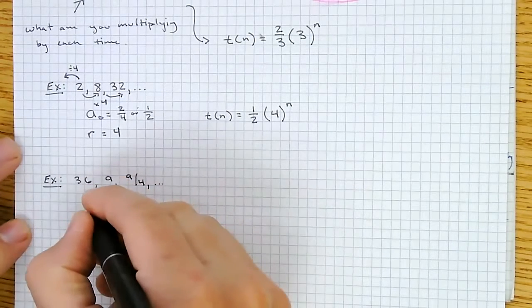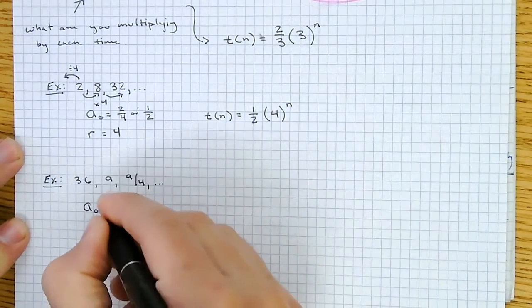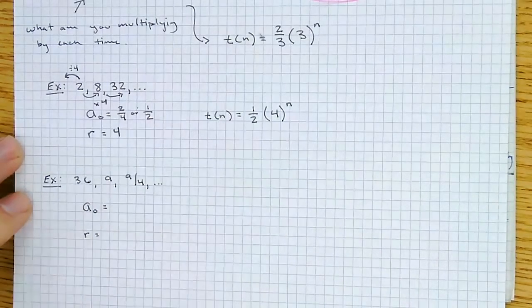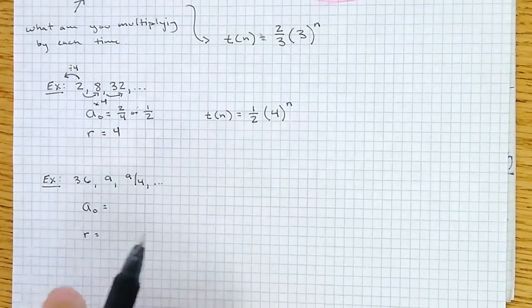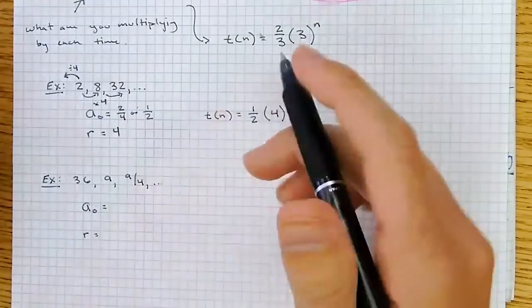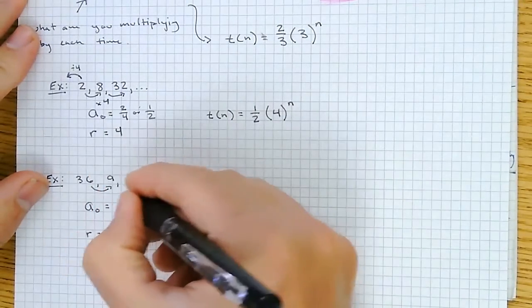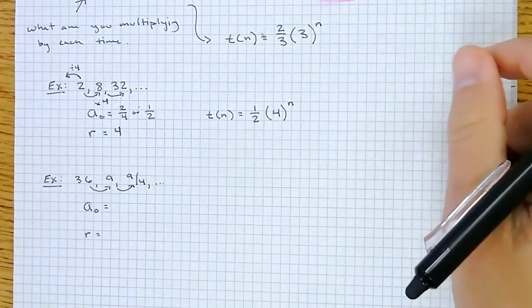So here it's a little tricky. What's really important to remember with geometric sequences is we're always trying to figure out what we are multiplying by to get to the next term.